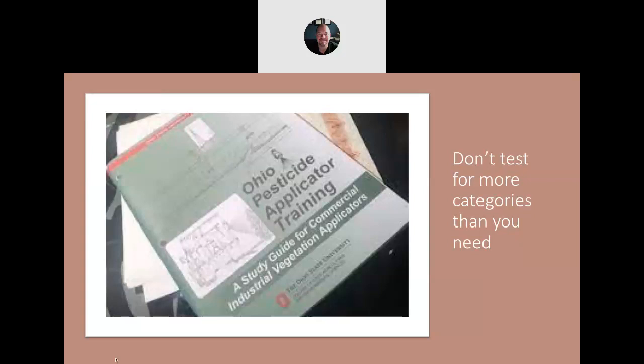These areas are already covered under that umbrella. But if you want to do a Mosquito Joe franchise or something like that, or you want to sell and do mosquito applications specifically, then you're definitely going to want to make sure you have that category.